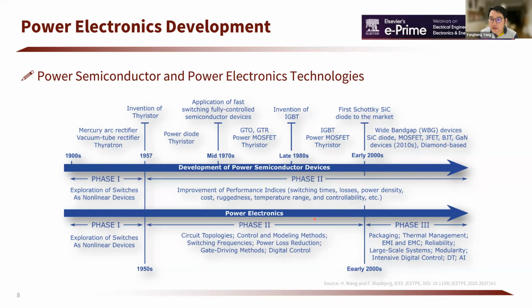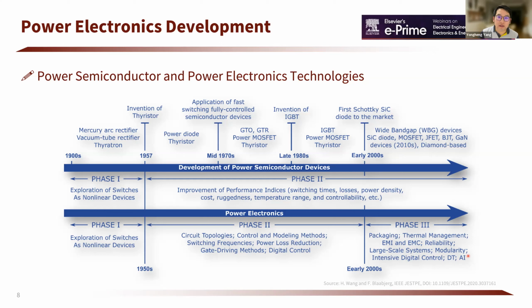And when we entered the new century, the focus further shifted to improving performance as well as further reducing cost. In terms of power electronics, we focus on packaging, thermal management, reliability issues, as well as the digital tools used in the design, control, and monitoring of power converters.